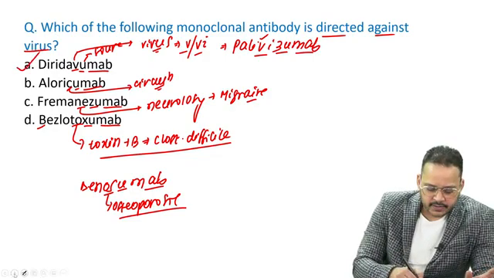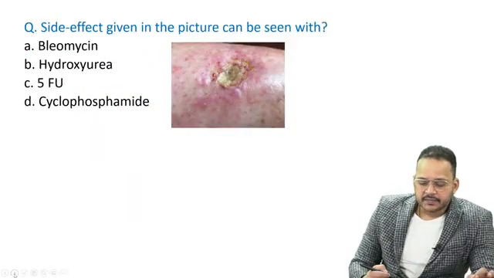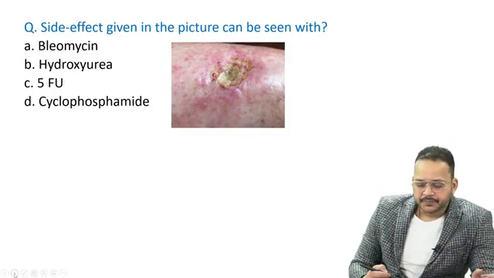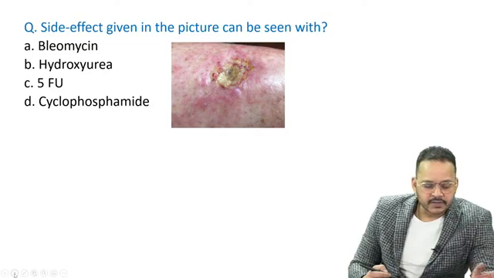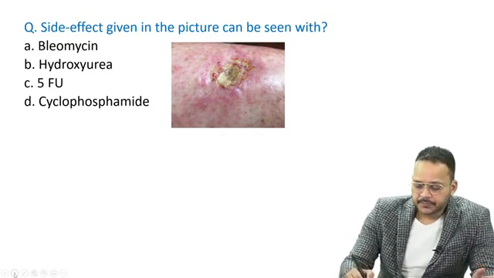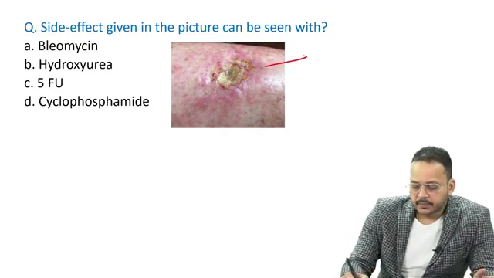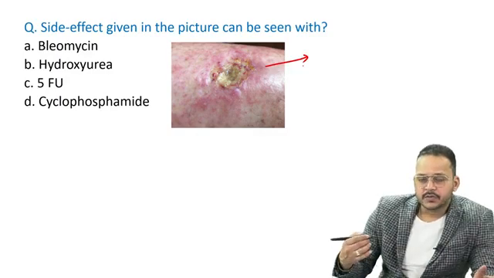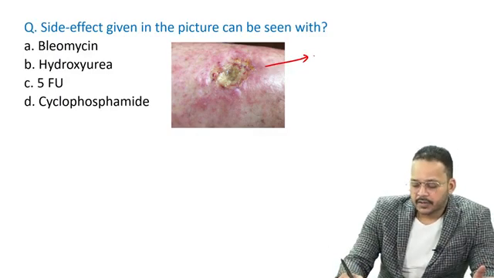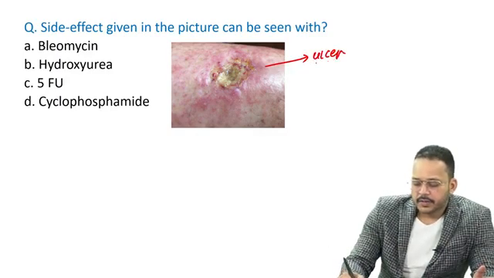Most of you have given the right answer, which is A. Side effect given in the picture can be seen with bleomycin, hydroxyurea, 5-fluorouracil, cyclophosphamide. You can see it probably looks like a limb, and in the limb I have an ulcer. Let me tell you what this is.